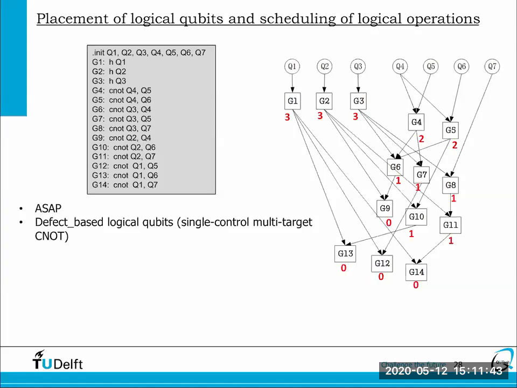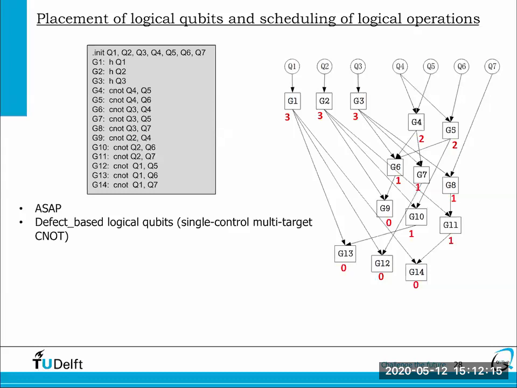If that's possible, that means that, for instance, I can do a CNOT Q4 Q5 and a CNOT Q4 Q6 at the same time, because it's just the hole of Q4 going around the holes of Q5 and Q6, right? In other words, I can perform single control multi-target CNOT operations.